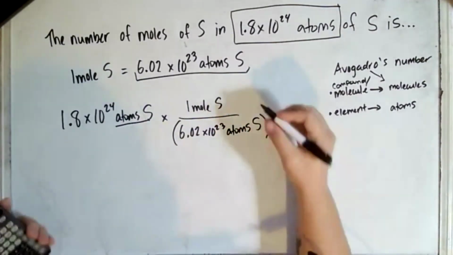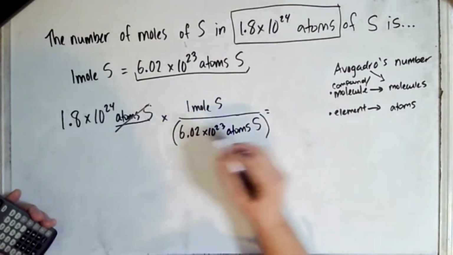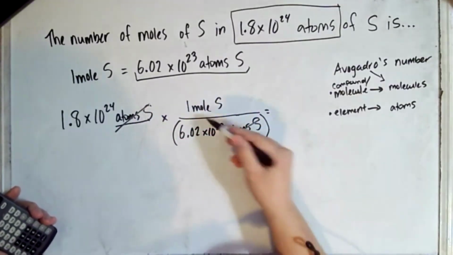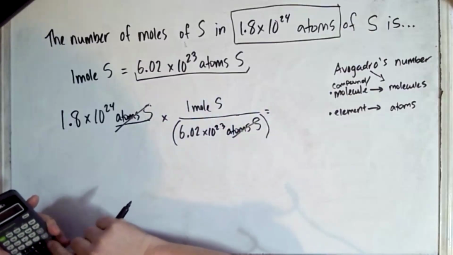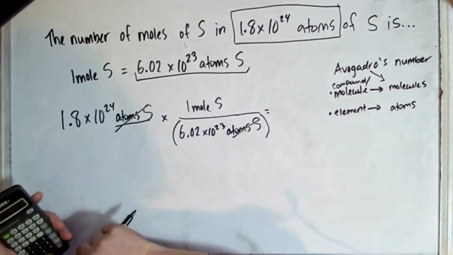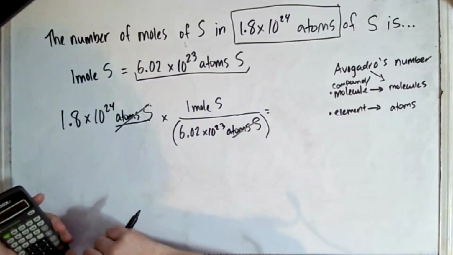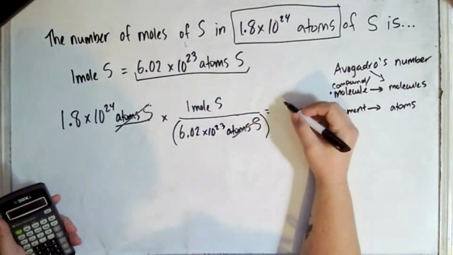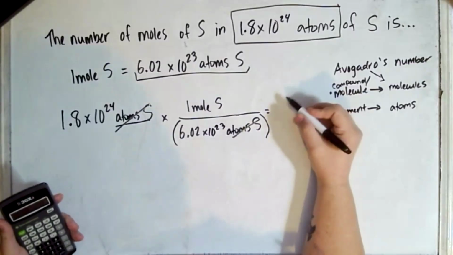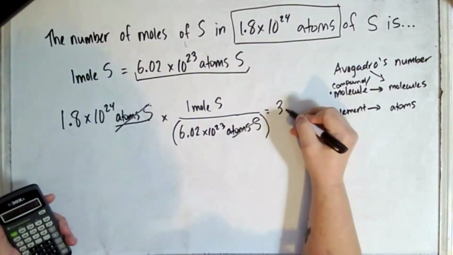When you put this calculation in, first of all, notice that your atoms of sulfur are going to cancel out, so you're just left with moles of sulfur at the end. We're going to be left with 2.9900, which we're going to round to two significant figures.